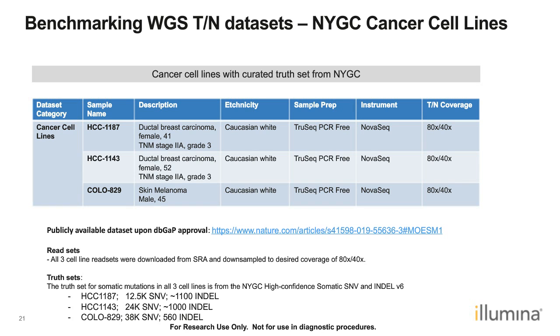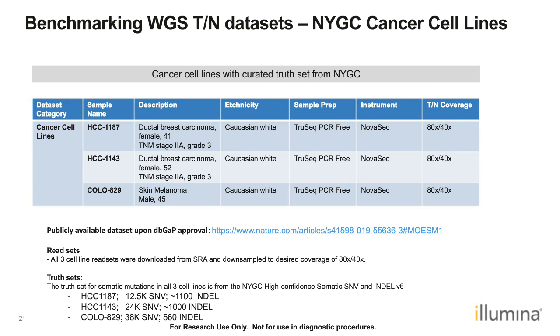And we're using these because there is some truth set available for these cell lines, right? And there are some high confidence truth sets. We've given some metrics over here regarding the truth set and the SNPs and the indels in these truth sets. And so we're looking at that and seeing how we are performing with 3.6.